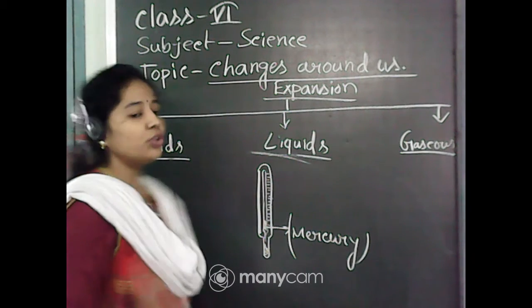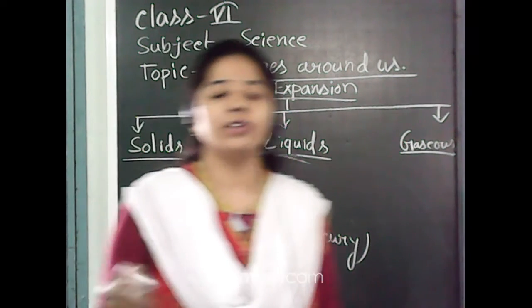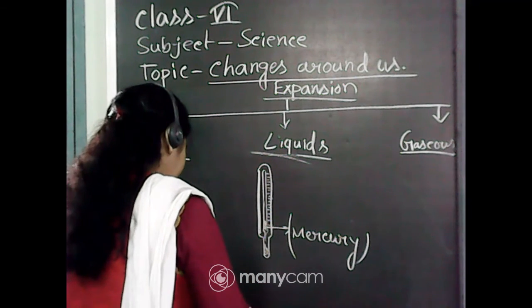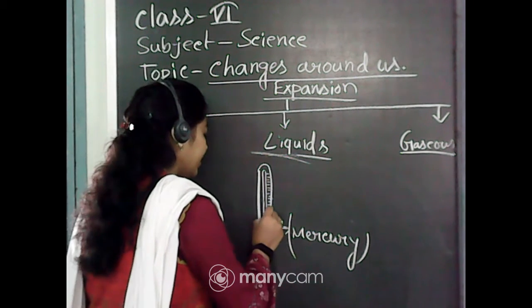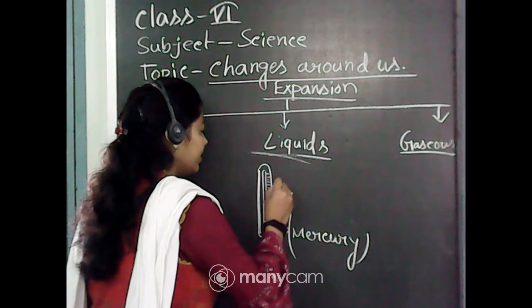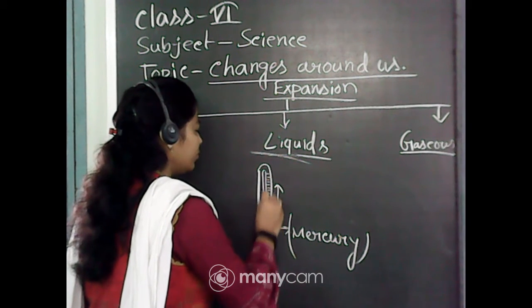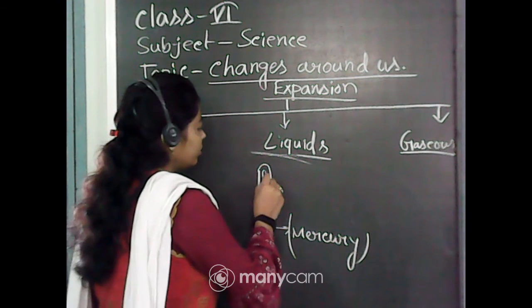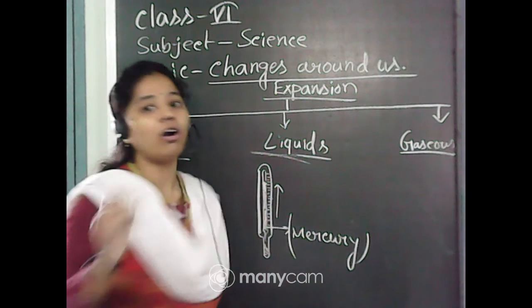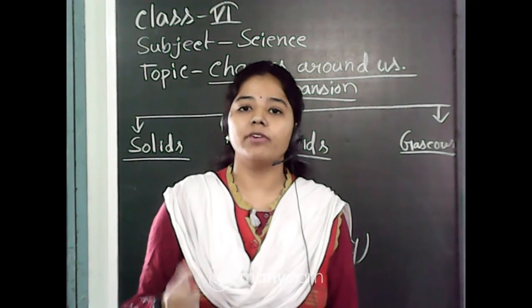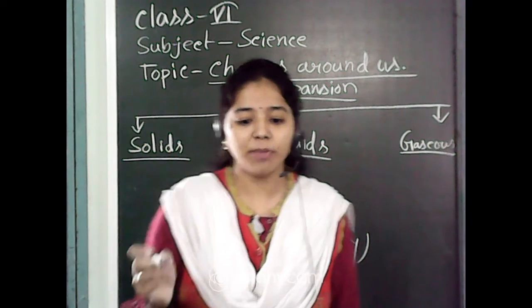So when the temperature is high, when we have a high fever, the mercury expands and migrates to the upper side. So mercury will come to this level. Due to the expansion of mercury, we are able to know the temperature of our body. You understood this point?